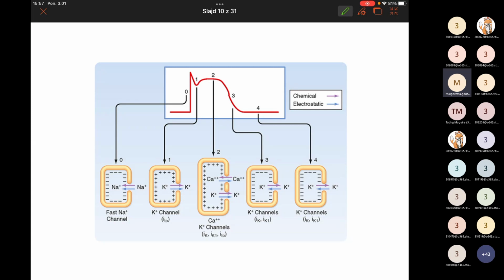The membrane potential decreases, phase 1, and then L-type calcium channels open. We observe calcium influx into the cell and outflux of potassium from the cell, at the beginning through the TO channels and potassium slow channels. And finally, final repolarization. We observe potassium current through the rapid, ultra rapid, and slow potassium channels.